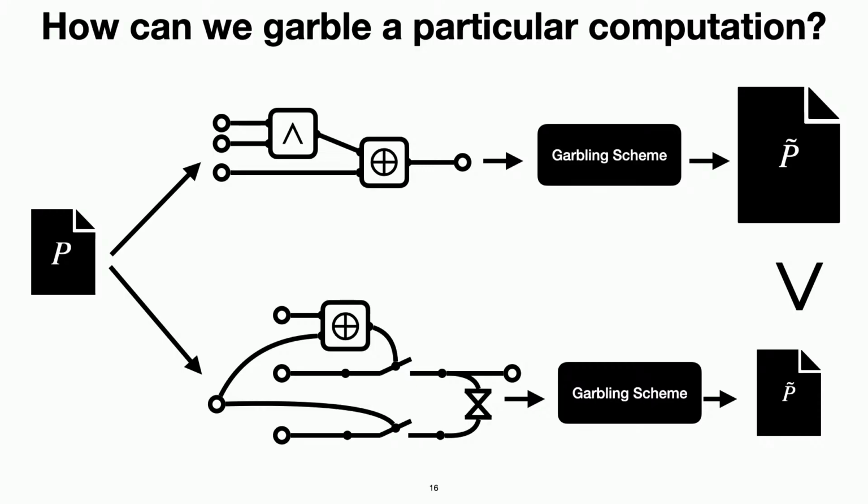That's why I'm saying take it as a second order approximation of what it's capable of, rather than the highest level. Otherwise, the procedure is the same. Take your computation, compile it down to some kind of circuit model. And then when you garble that thing, the hope is that at the end of the day, you get a smaller encoding than if you had gone on the top route. Okay? All right.